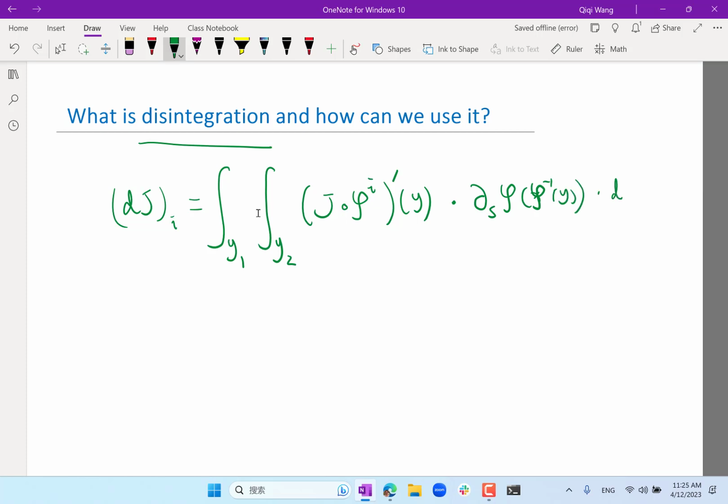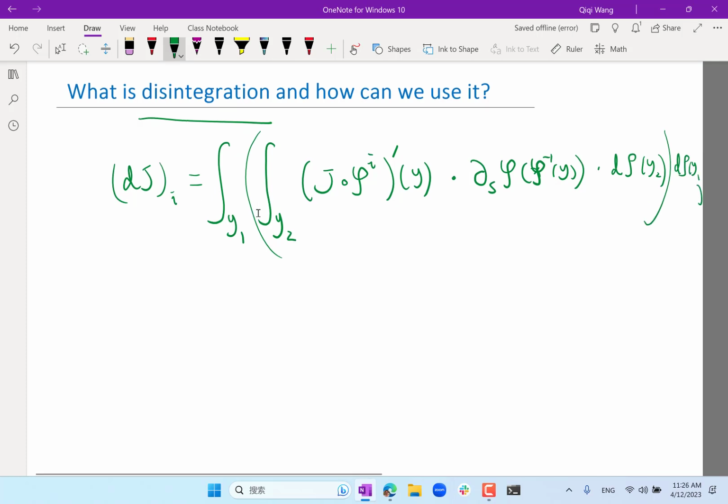Now the integral has been split into two parts. First I have the d rho of y2 inside, and then I have the d rho of y1. It turns out that this d rho of y2 actually depends on y1, because it is known as the conditional density.